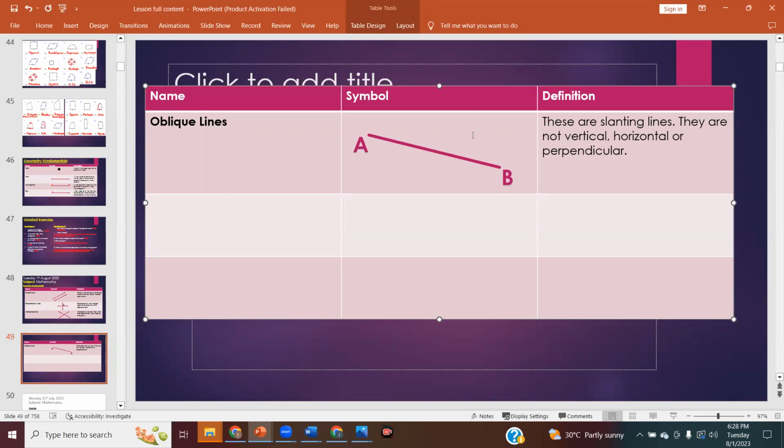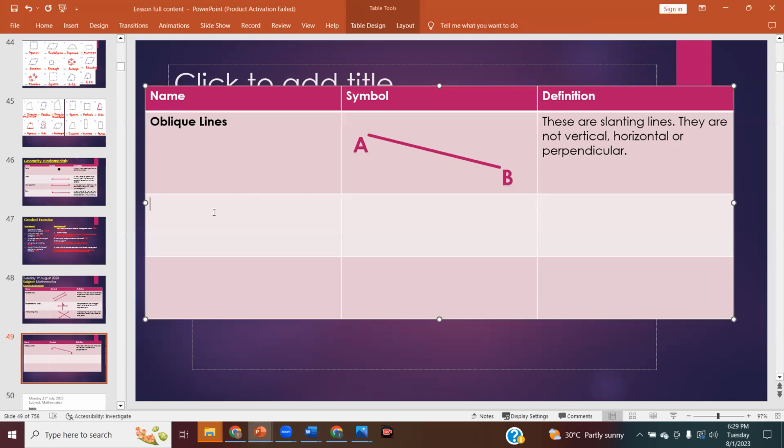So any slanting line, any lines that come at a slant, we call that an oblique line. So these lines are like tilting, right?